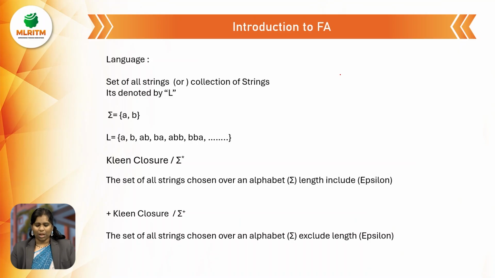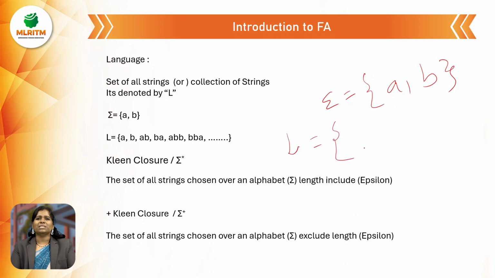For example, sigma is equal to {a, b}. So we are given two alphabets, and we need to write the language for these two alphabets. Already I said it is a set of strings, denoted with L. The possibilities are a single symbol, because they didn't mention any length.